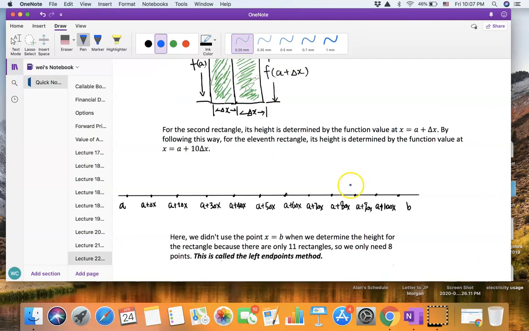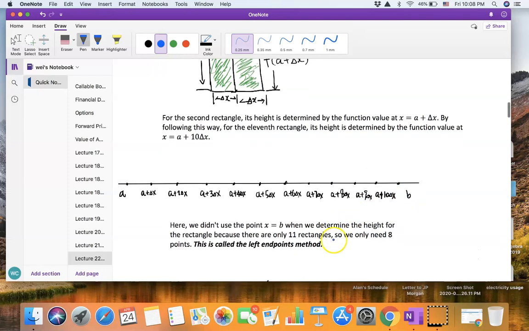Now you may already realize that there is one point we didn't use, which is the last point b, because we only have 11 rectangles and there are 12 points.